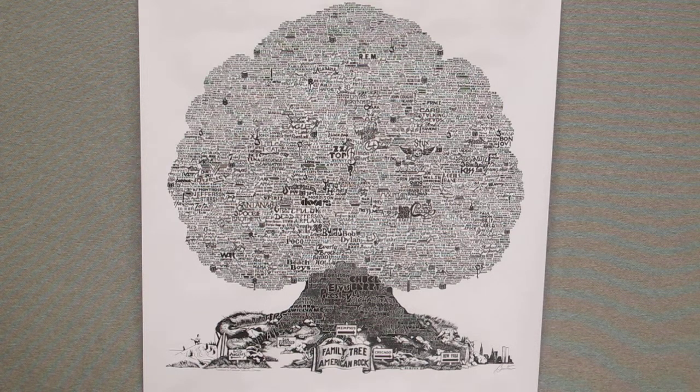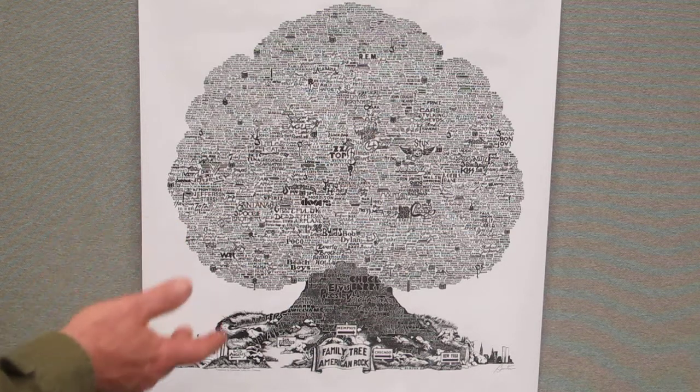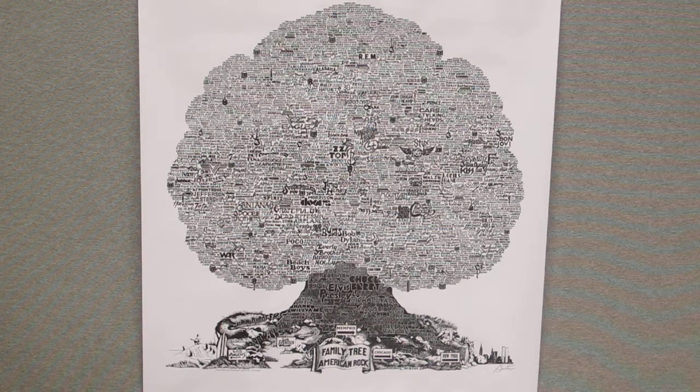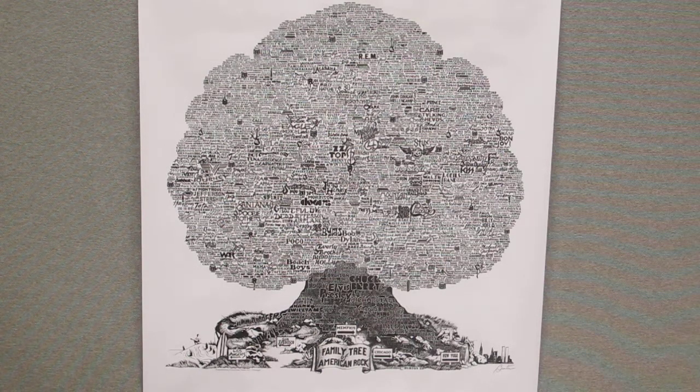In this format, I decided to do an East Coast and a West Coast bias. You can see at the bottom of the tree, we've got the skyline of what was New York back in 1983. You have the West Coast with its surfing and its beaches, and they were very distinct styles.